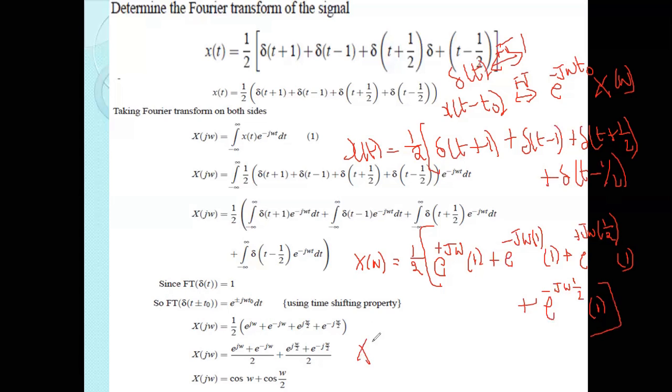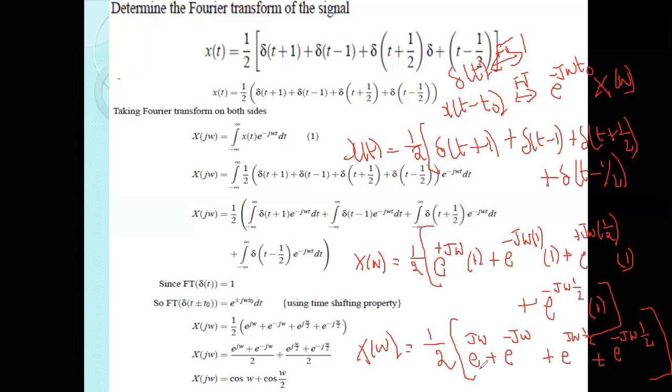So therefore x of omega is equal to 1 by 2 into e power j omega plus e power minus j omega, plus e power j omega by 2 into 1 by 2 plus e power minus j omega by 2 into 1 by 2.